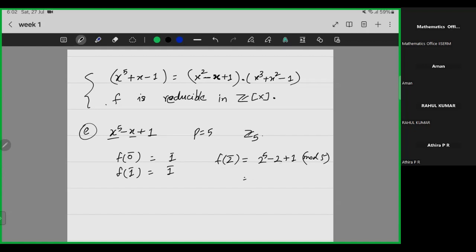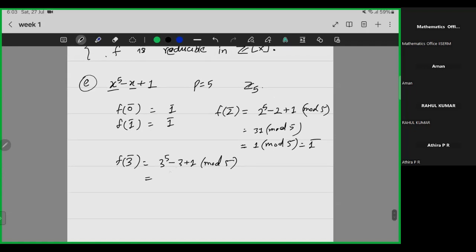This is 32 minus 2 plus 1, 31 mod 5. It is just 1 mod 5, meaning 1 bar. f(3 bar) is equal to 3^5 - 3 + 1 mod 5. This is nothing but 243 minus 3 plus 1, 241 modulo 5, which is again 1 bar.